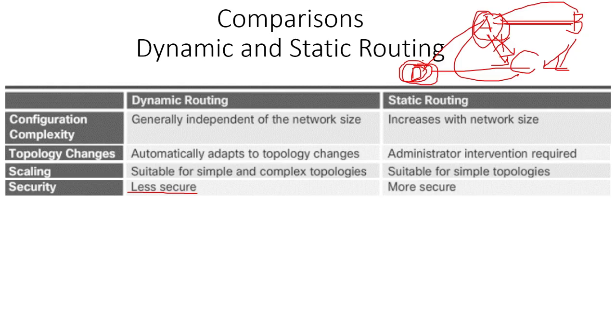Routers advertise themselves. Sends broadcast. Yes, the word is advertise. It sends broadcast to other routers that, hey, I'm available. I'm the best path from D to C. Hey, I'm available. I'm the best path from your router to the C router. So that is why dynamic routing is less secure.